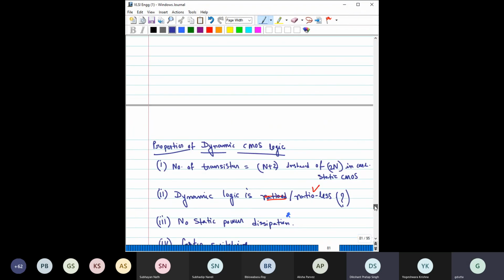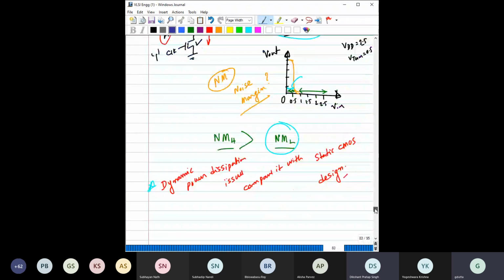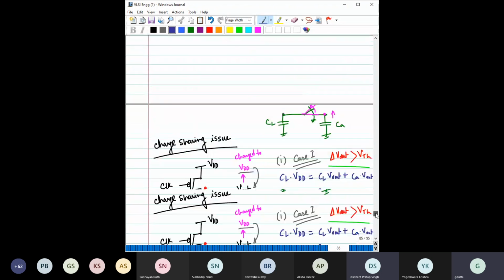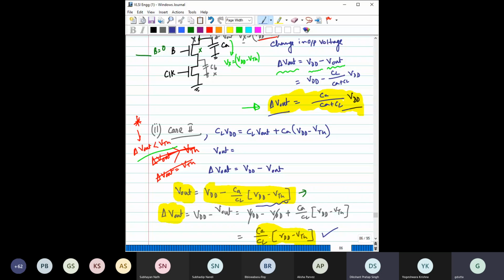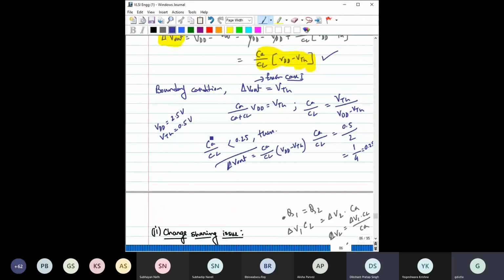Okay. So here also, right, you can see this, right? When the CA by CL is much less than 0.25, that means this CA is actually quite small. See the ratio, the ratio is 1 by 4.